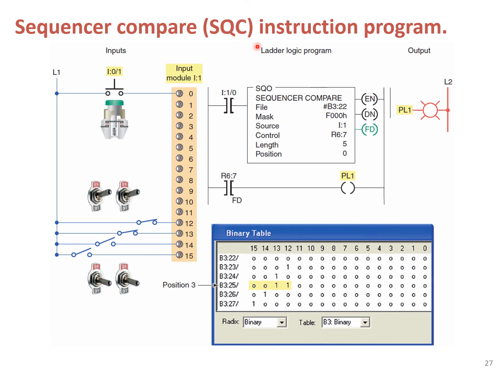Sequencer compare SQC instruction program. Here we have one example. We have 4 switches here. We are not using other inputs except the first input, which is also used to trigger the SQO.